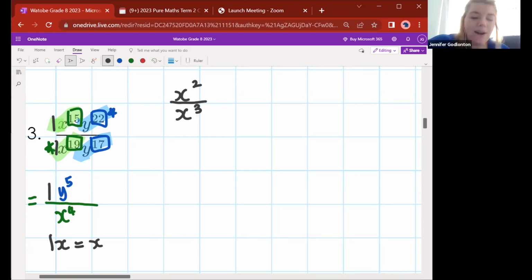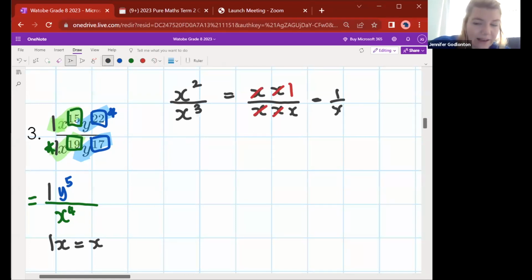If I write that out the long way, it's the same as having 2 x's at the top and 3 x's at the bottom. These x's would cancel with those ones, and anything divided by itself is left with 1. So my final answer would be 1 over x.